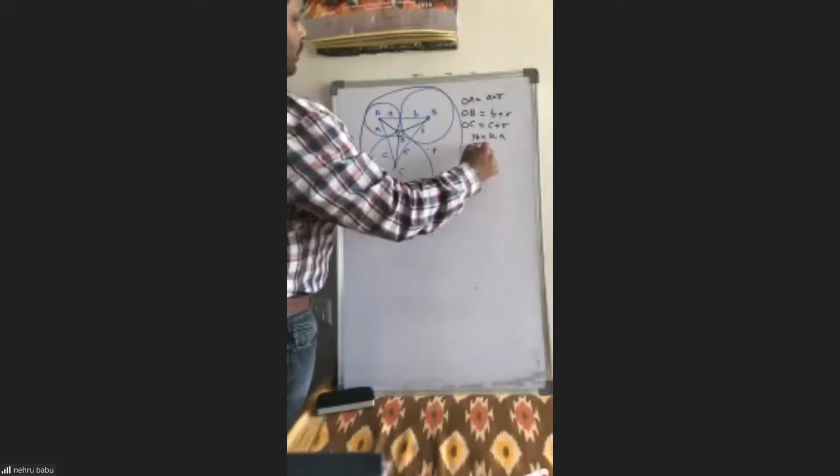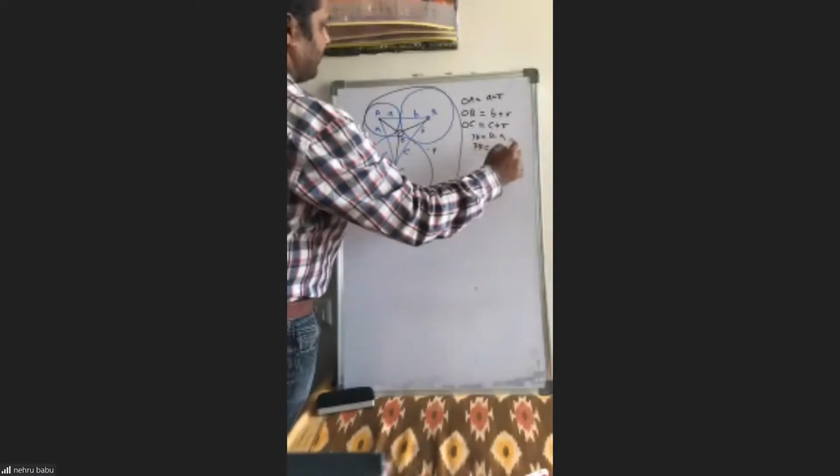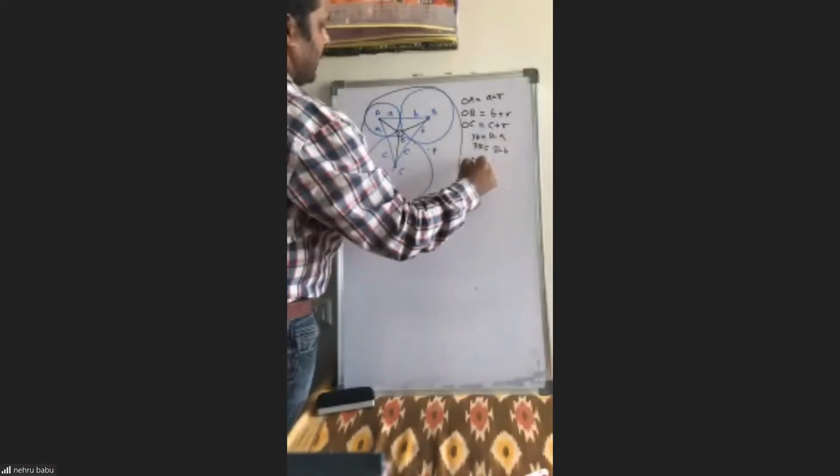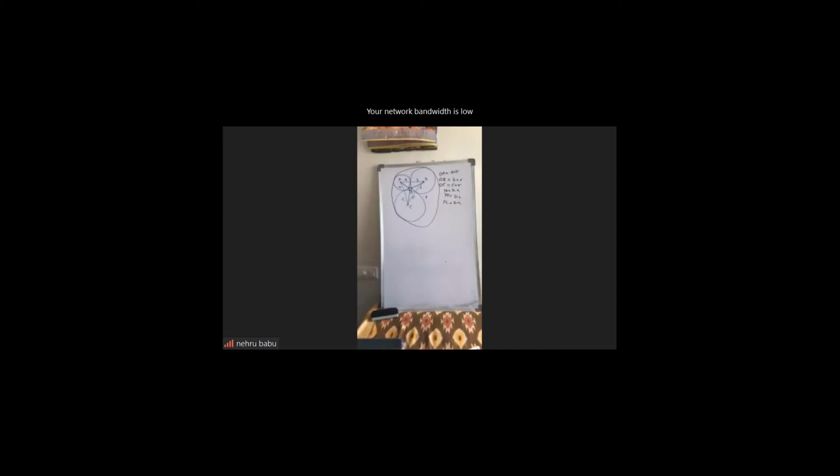PB equals capital R minus B. PC equals capital R minus C. So this is A plus r, B plus r, C plus r, and in this case R minus A, R minus B, R minus C, like this.